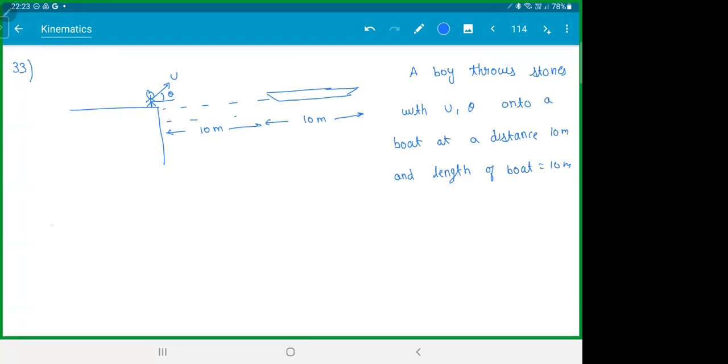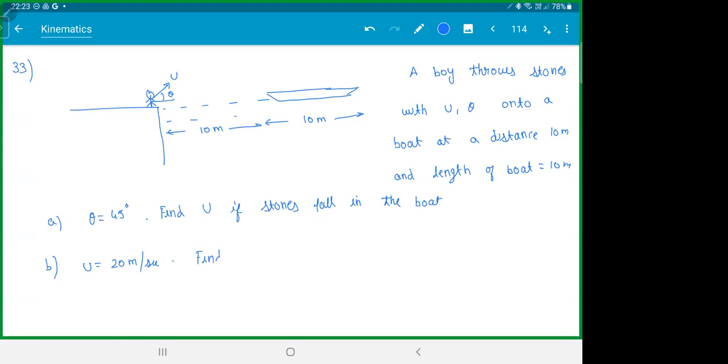Now, case one, first question: this guy fixed the angle. He's always throwing the stones at 45 degrees. So the question is, find u if the stones fall in the boat. Meaning, if you hit the edge, that also means you have fallen into the boat. The second one: this time the speed is fixed. Now he's throwing with constant speed but different angles.